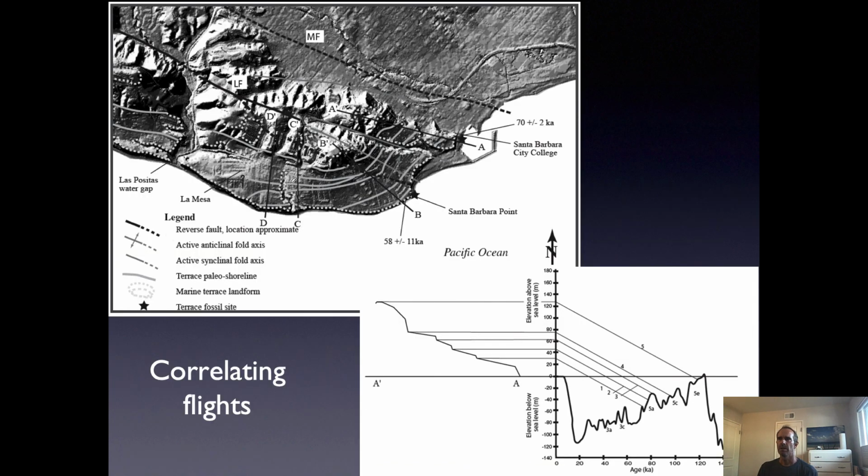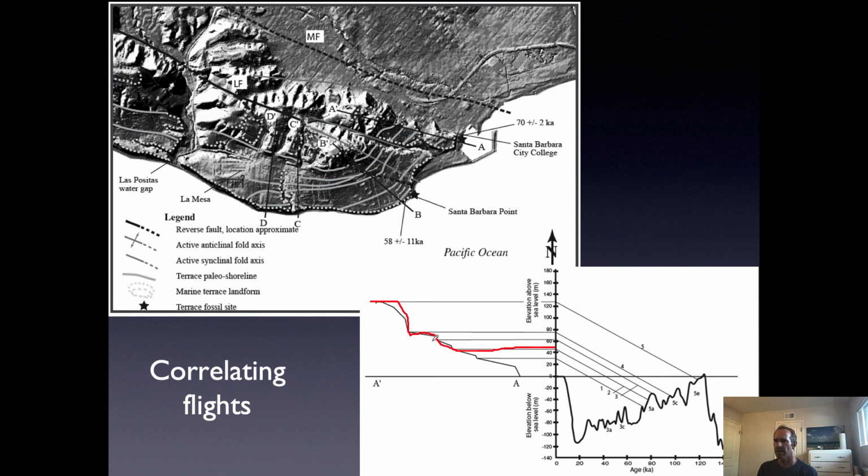Okay, so an example from Santa Barbara, there's been a couple terraces mapped near Santa Barbara City College. This is another cross-section diagram like I showed before, where this is the elevation of the terraces on land. And so somebody's marked off these terrace elevations that they've mapped. And this is the sea level curve over the last 140,000 years.